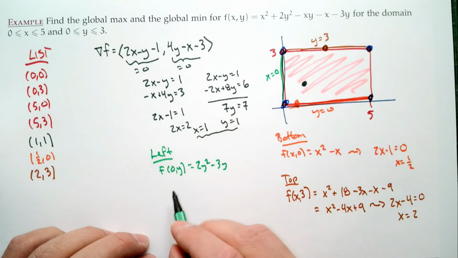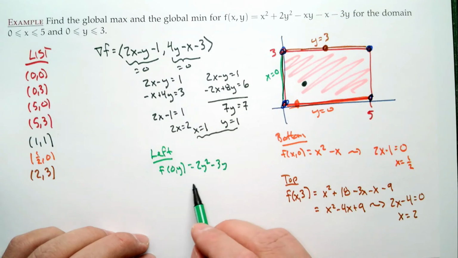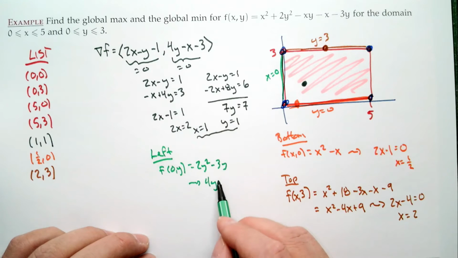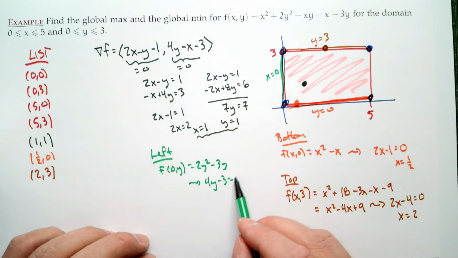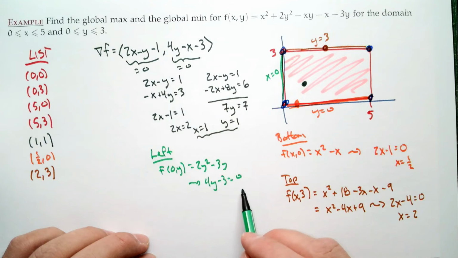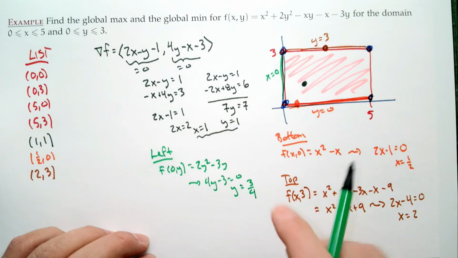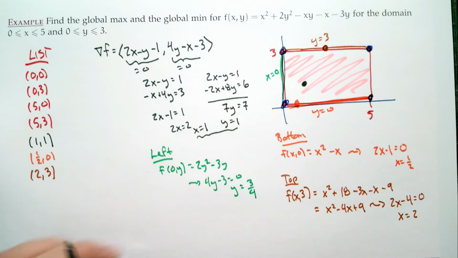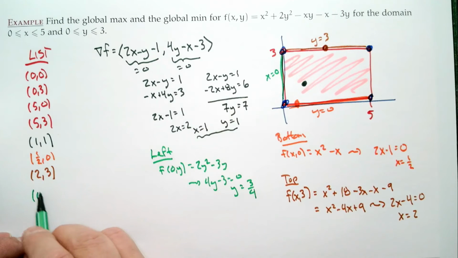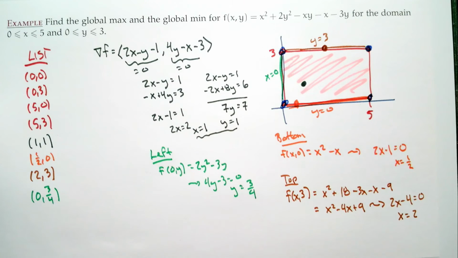So take a derivative. 4y minus 3 equals 0. So what is y? 3/4. So we're at x equals 0, y equals 3/4. So we get a point, 0 comma 3/4.